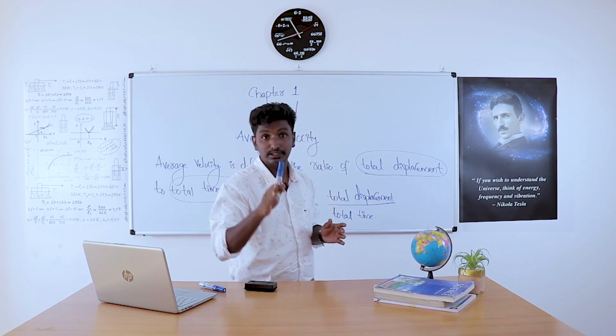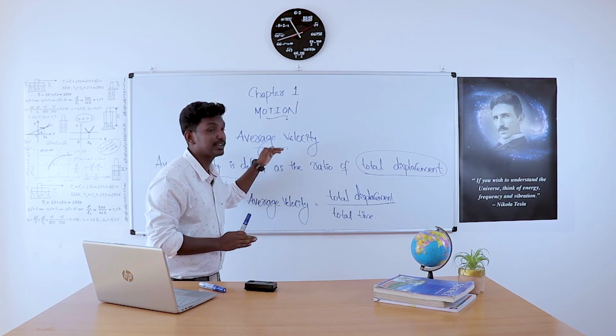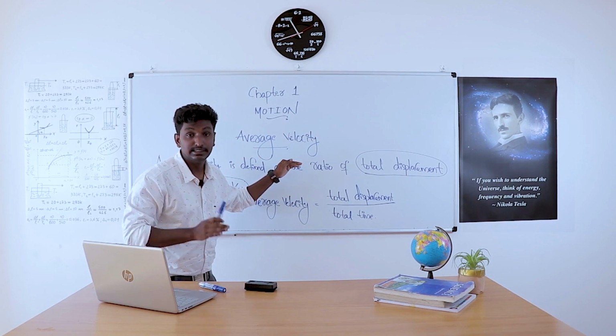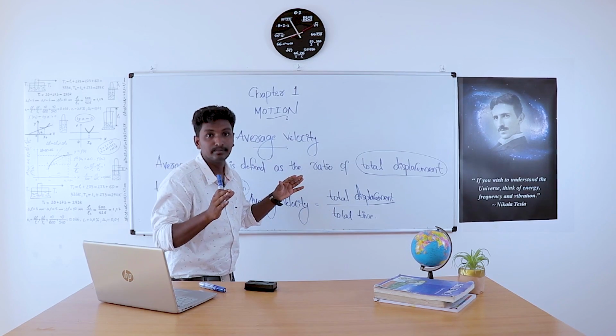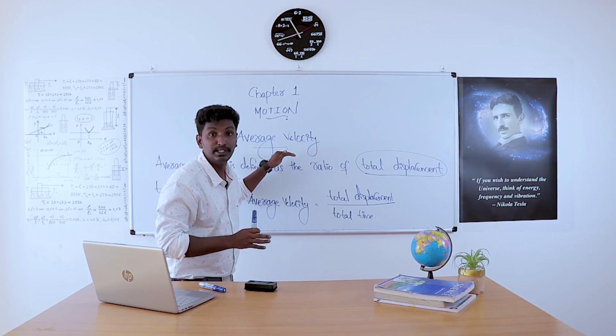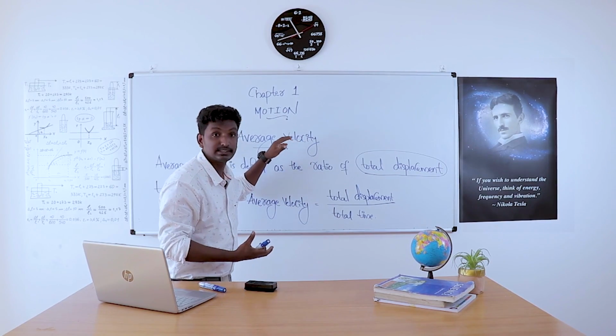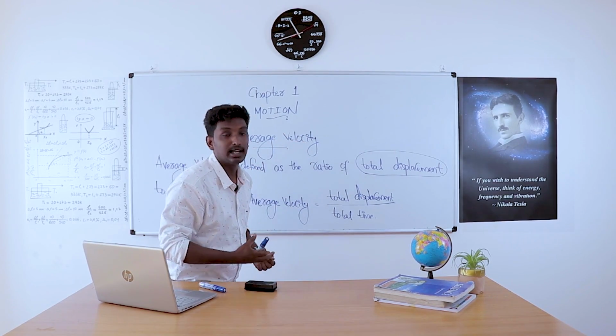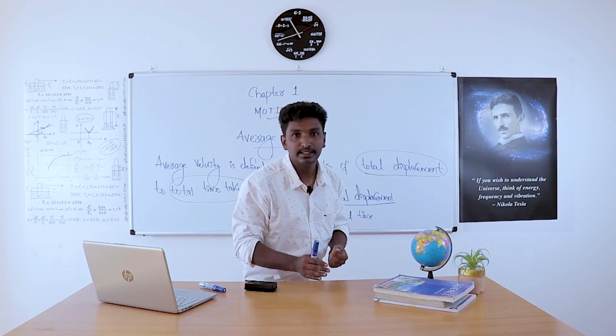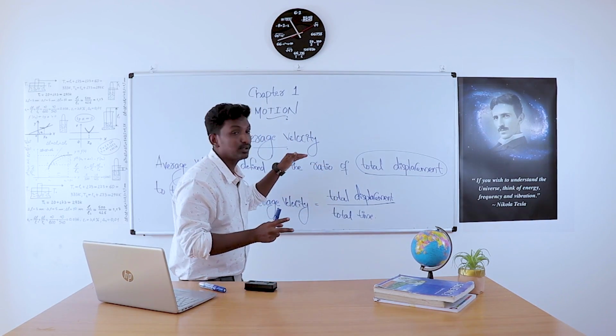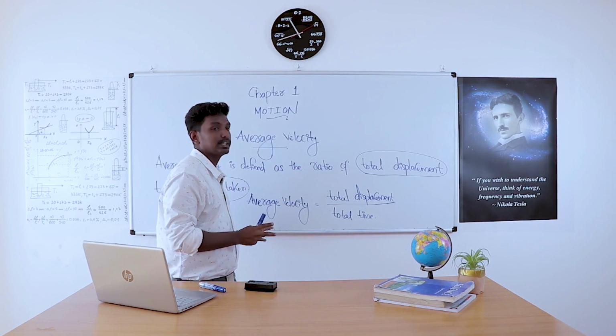When you are getting a question or a problem related to average speed and velocity, just look carefully. Was it average speed or average velocity? If you are asked to find the answer for average speed, then you have to find the total distance and total time.